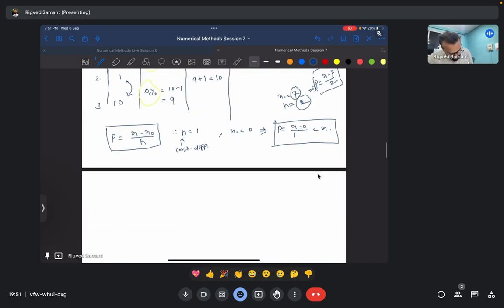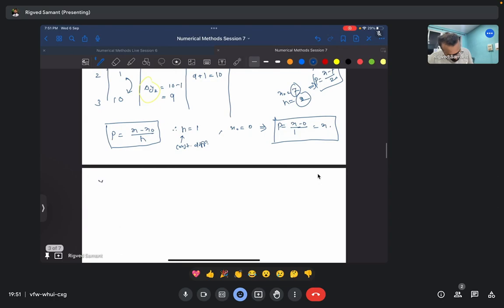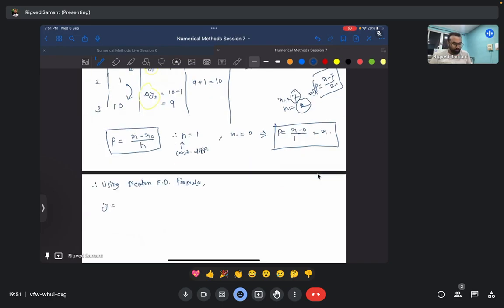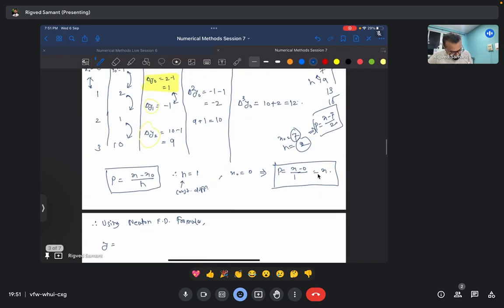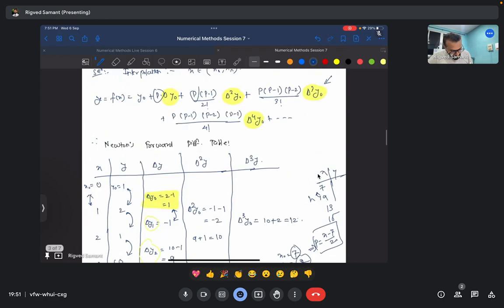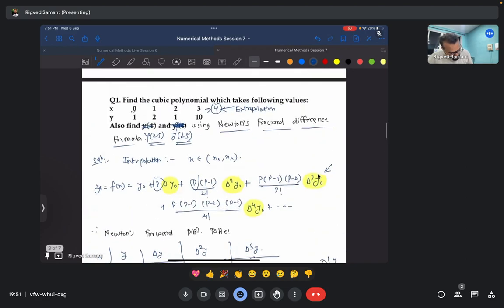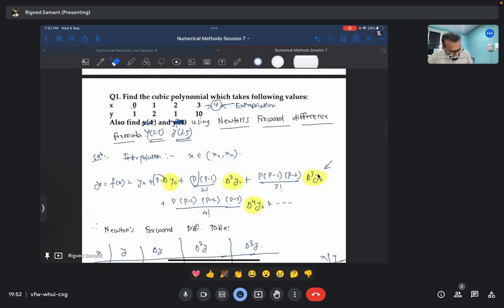So what we have is, we have forward, so therefore using Newton's forward difference formula, y is equal to y naught, which is 1, plus p, your x, into delta y naught, right? P into delta y naught.